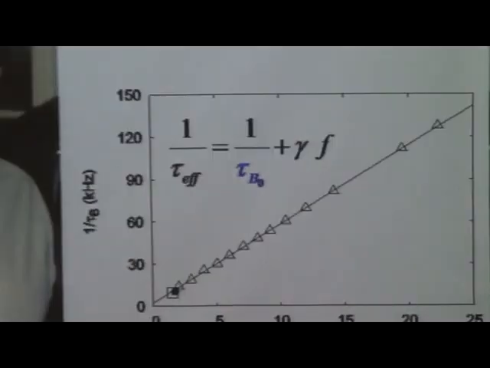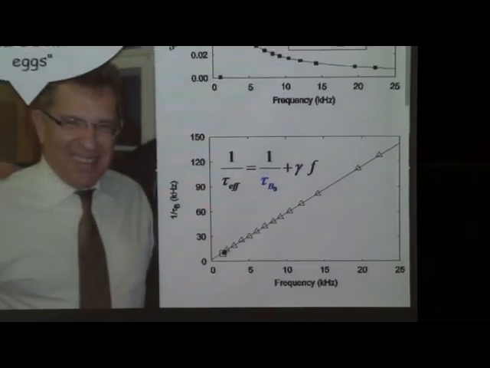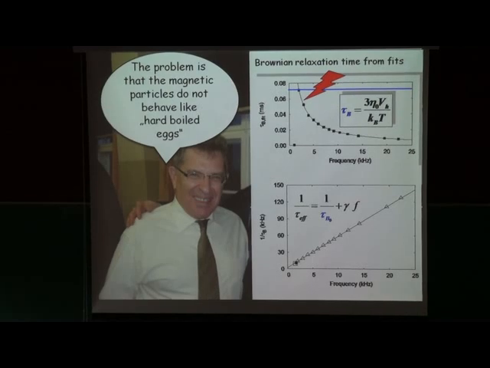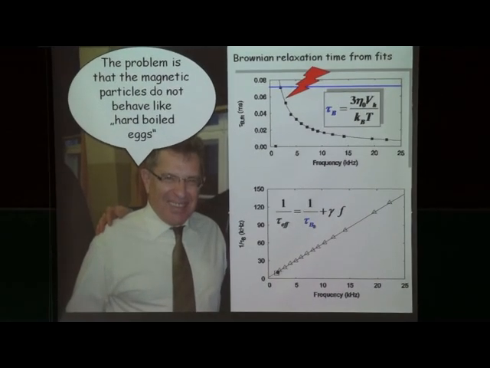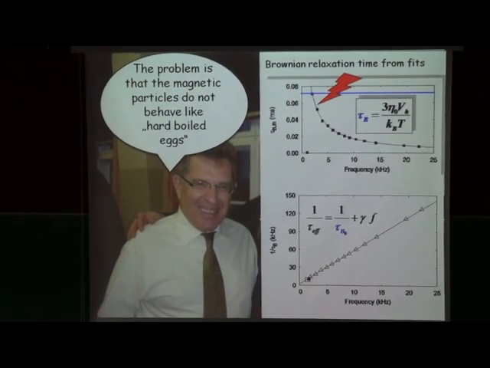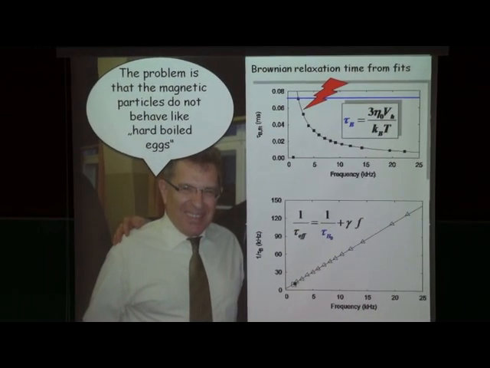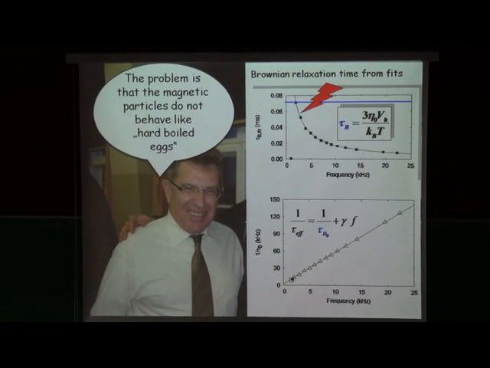So if you assume a linear dependence between the size of the magnetic agglomerates and the period length of the driving frequency, then you are getting an explanation for this frequency dependent Brownian relaxation time.